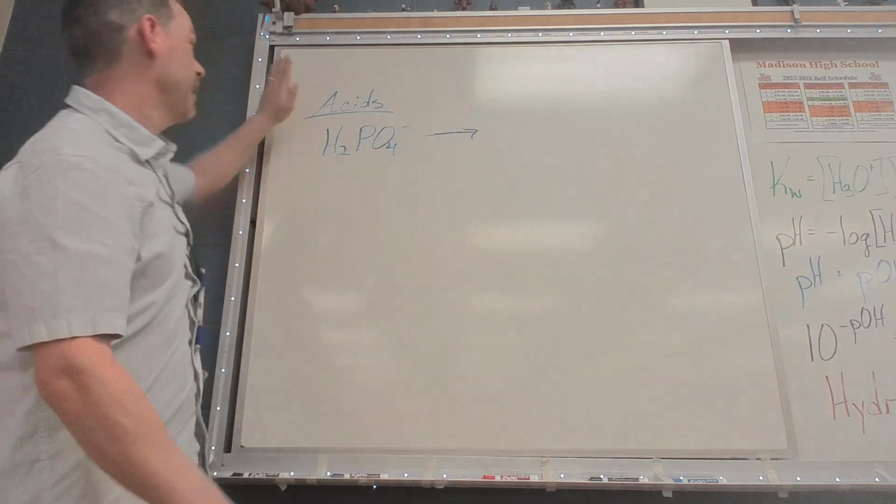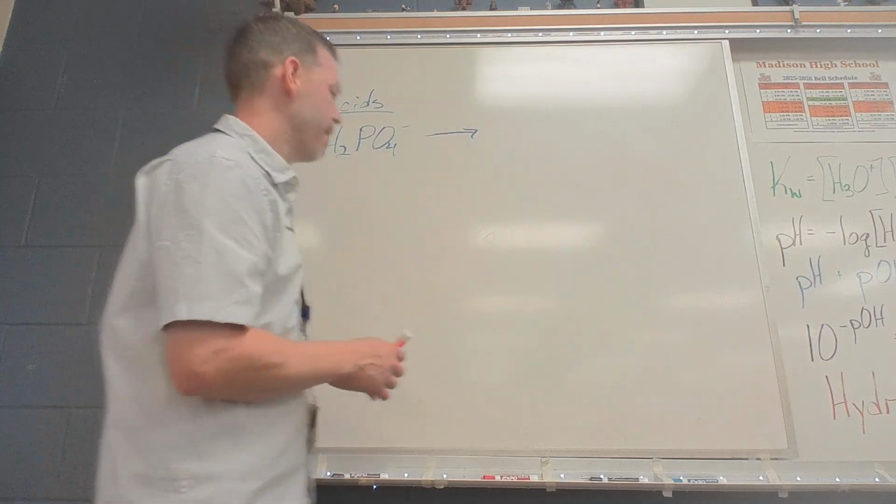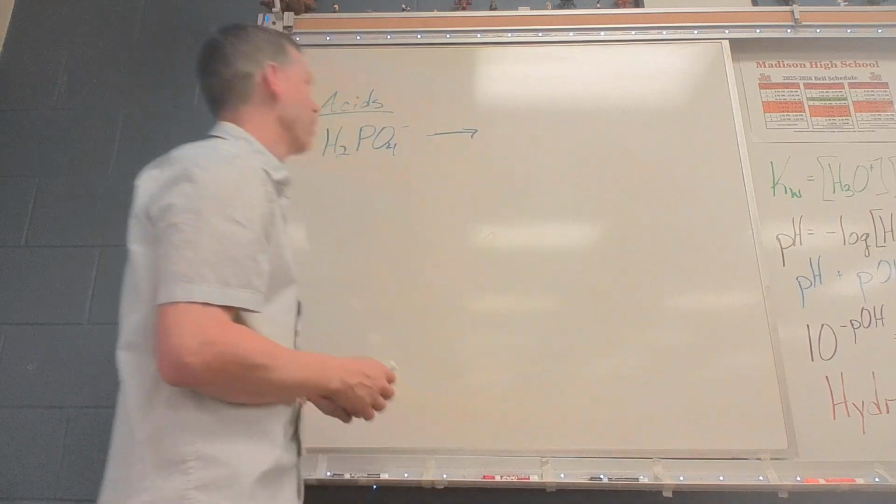Bronsted-Lowry acids donate away their proton. So if we do that, we have to remove an H.